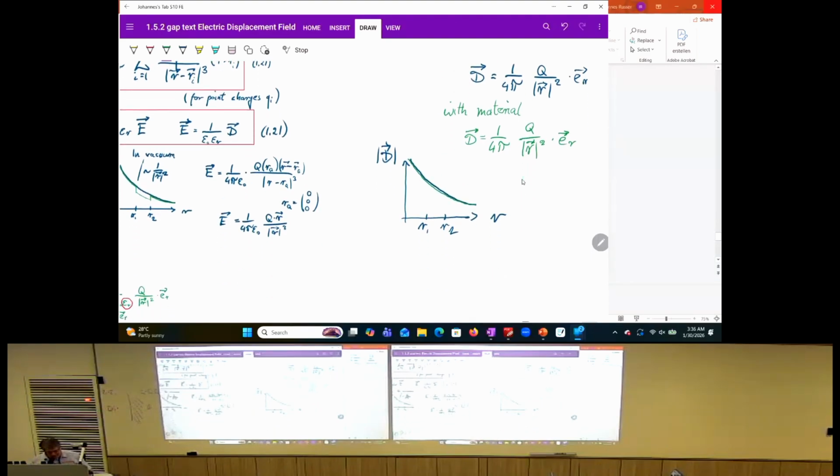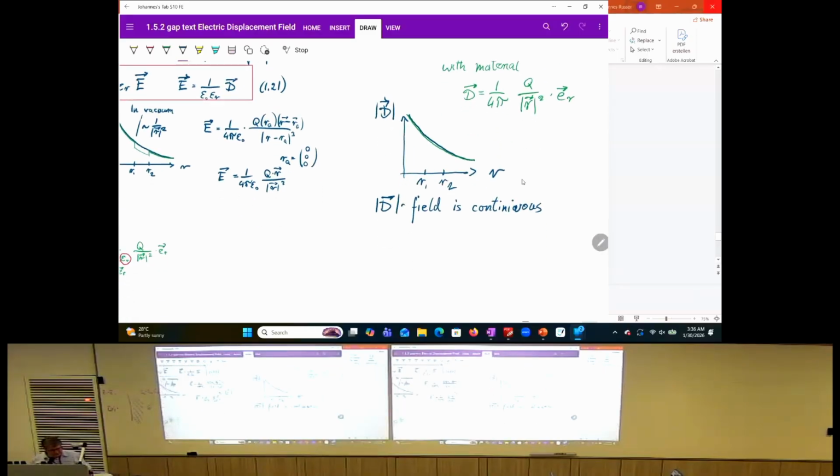So what you notice is the D field is continuous. The material boundary here has no effect on the D field. The E field, however, shows a kind of jump at the material interface.